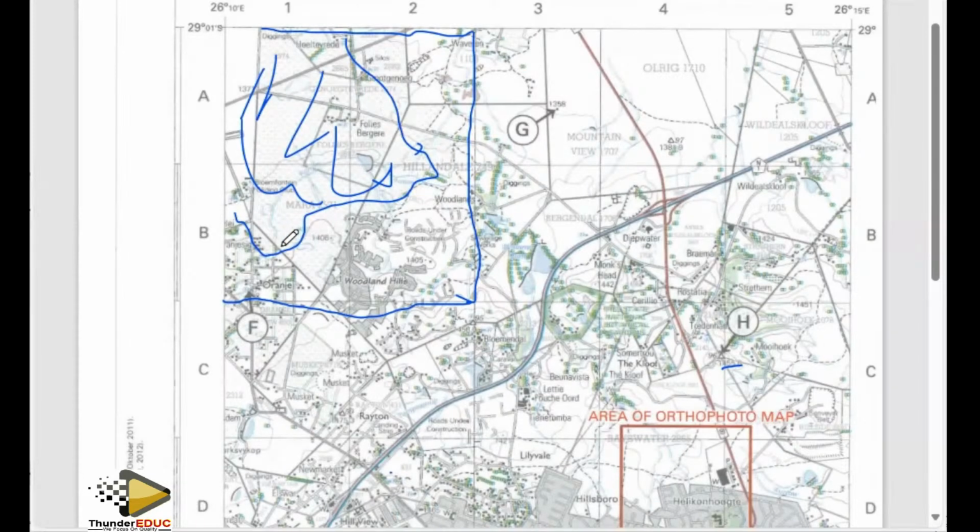Besides that, we can also talk of the fact that there is water availability in the area. Remember, if you check, there's a dam here, which is a source of water supply for the cultivated land. So this dam is equally big enough to supply water to this whole area. That is why they are able to cultivate on a large scale, because they are guaranteed of water supply from that particular dam.